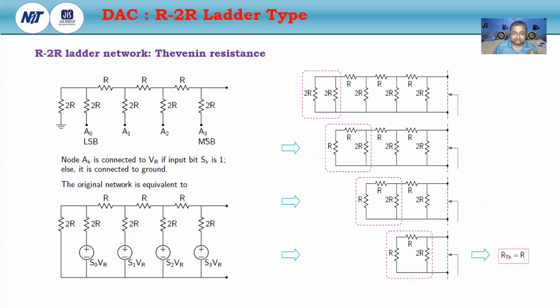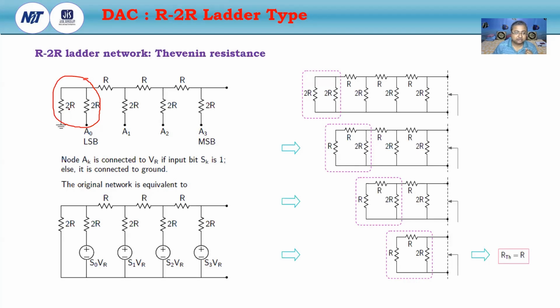First, suppose this is 2R and 2R, these are in parallel. If two equal resistances are in parallel, then the equivalent resistance will be half.